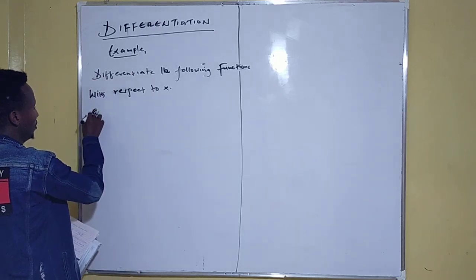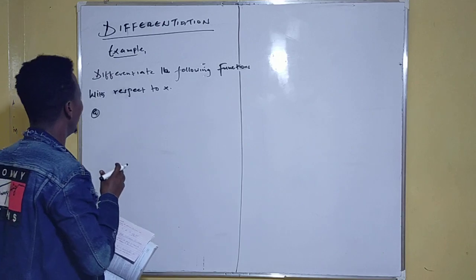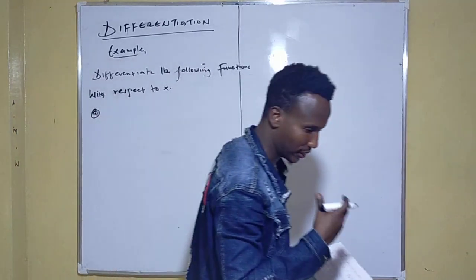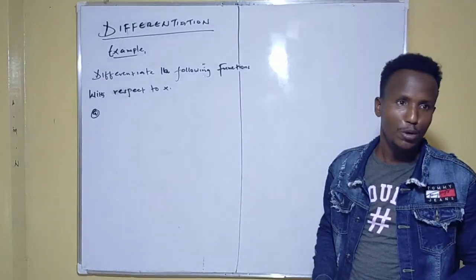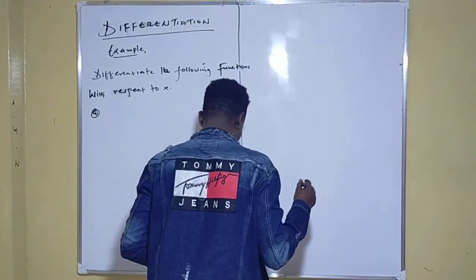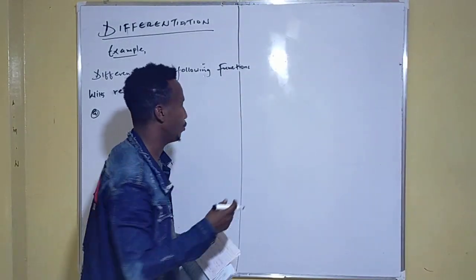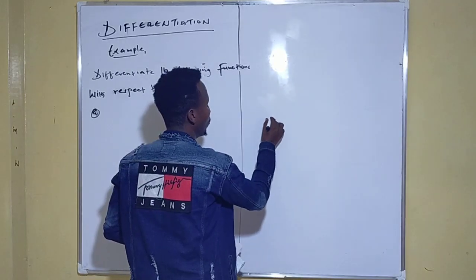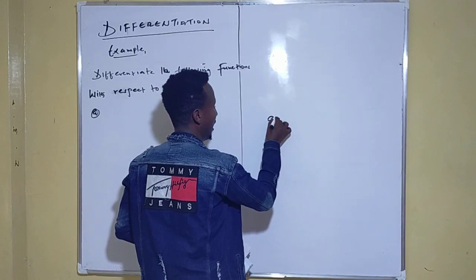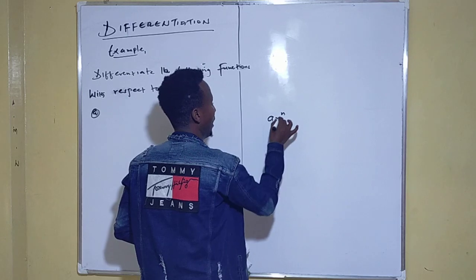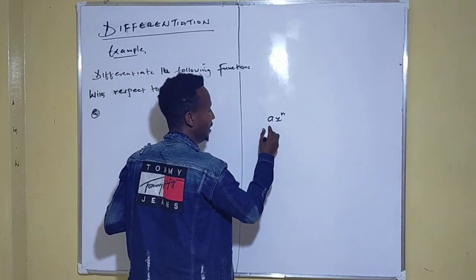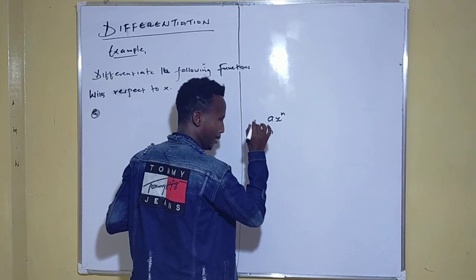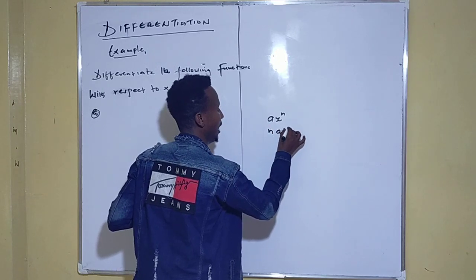The first one is what? Before I go starting differentiating the equation of a curve, for your information, if the equation of the curve has this kind of format, ax power n, you can differentiate it by saying n multiplied by ax power n less 1.